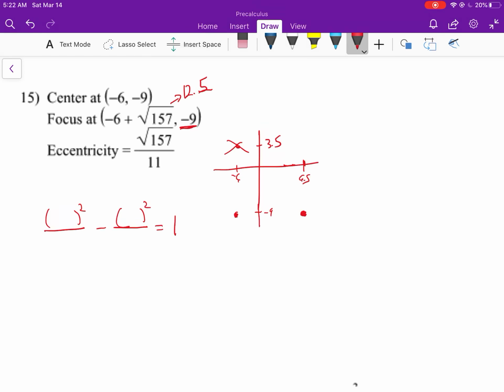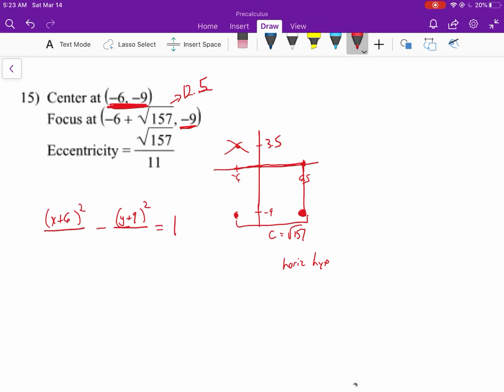So we're at -6 plus square root of 157 and down 9. Looking at that, if our center's here and our focus is here, that's our c value, square root of 157. And that also tells us this has to be a horizontal hyperbola, which means x will come first, y will come second. Now that we know that, we can come to our center and plug that in. That's going to be +6 and +9.